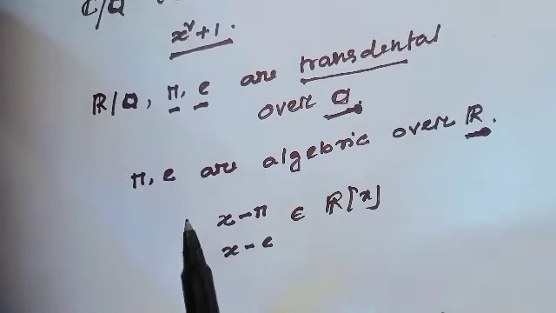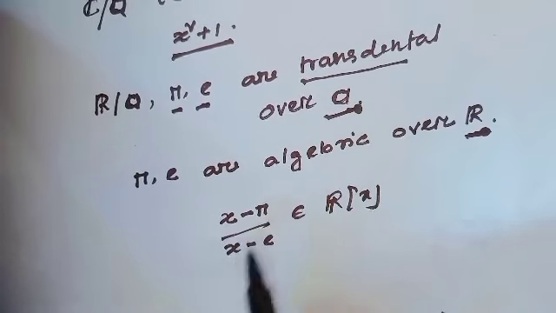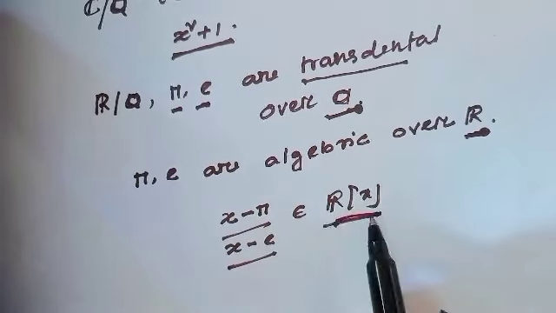Obviously pi and e are algebraic over the real numbers. Thus pi and e are roots of the polynomials x - pi and x - e, and those polynomials belong to R[x].